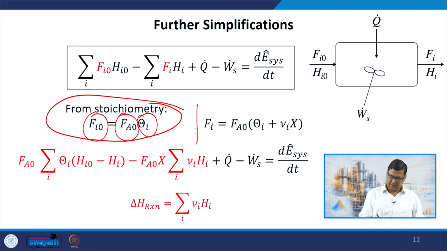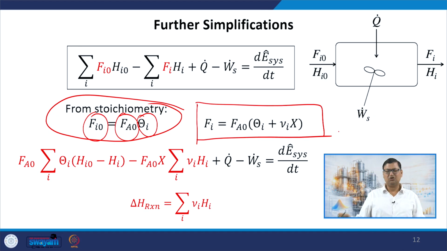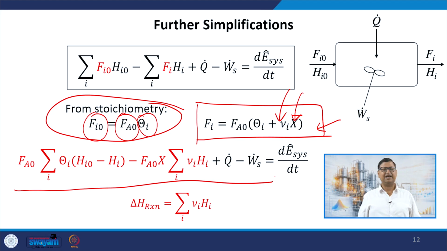And again, from stoichiometry, for the outgoing stream, I can introduce the language of conversion and the stoichiometric coefficient. So, whatever we got from the stoichiometry, I am basically plugging it in the equation, and then we can do certain simplifications, and basically we will have an equation coming like this.